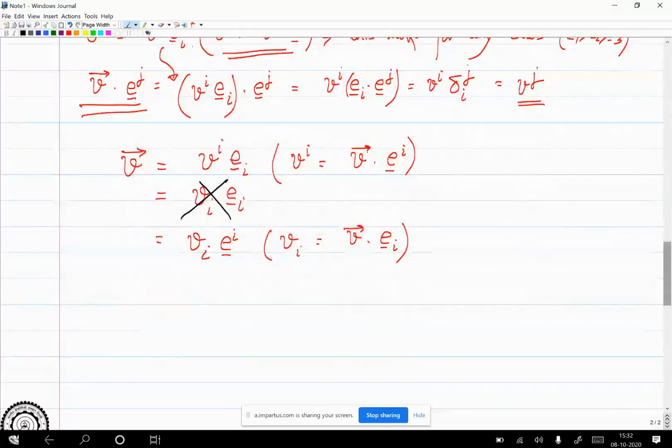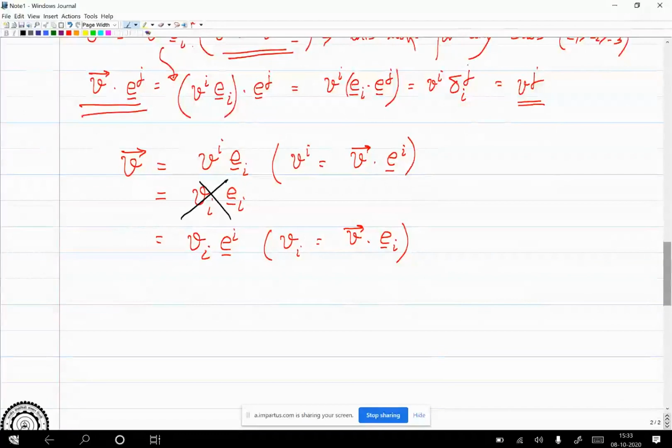Earlier, we were only working with subscripts. But with bases which are not perpendicular to each other, we now have to differentiate between superscript and subscript, because superscripts are the components along the dual basis.